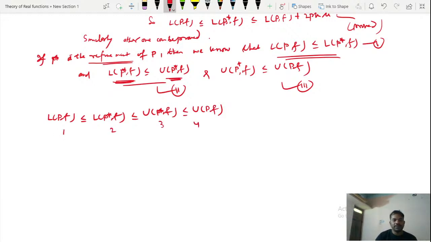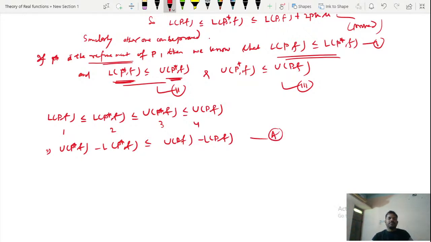If we subtract, 3 minus 2 is always less than 4 minus 1. This implies UP star f minus L P star f is less than UPF minus LPF. So this is a result: if P star is a refinement of P, then UP star f minus L P star f is less than UPF minus LPF. This is just another result.